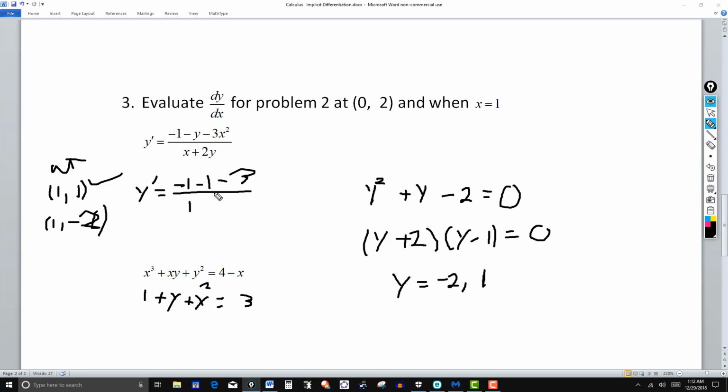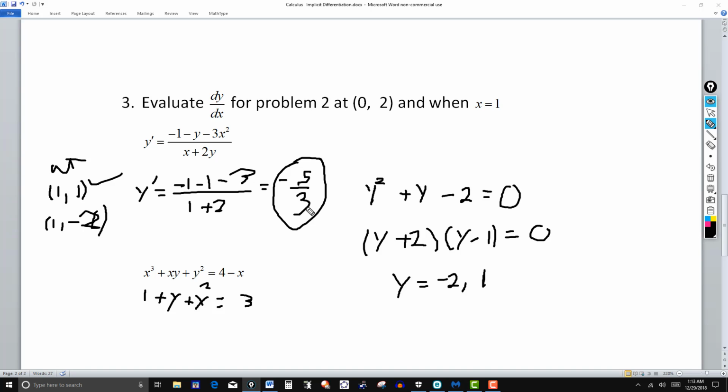So minus 3, minus 1, that's minus 5, over 3. Okay, so this would tell me then that the derivative of y with respect to x at the point when x is equal to 1, which means y is also 1, is negative 5/3. Okay, so that would be your slope of the tangent line at that particular point.